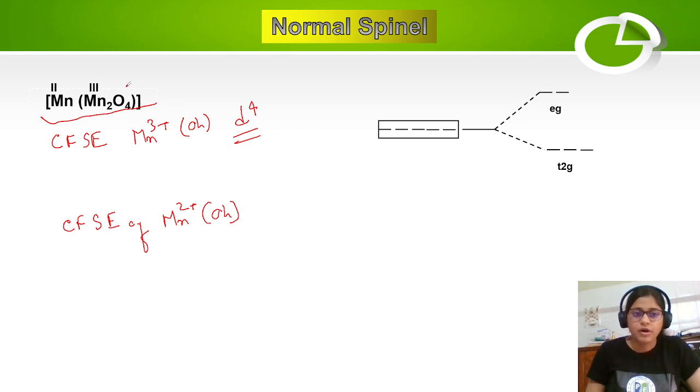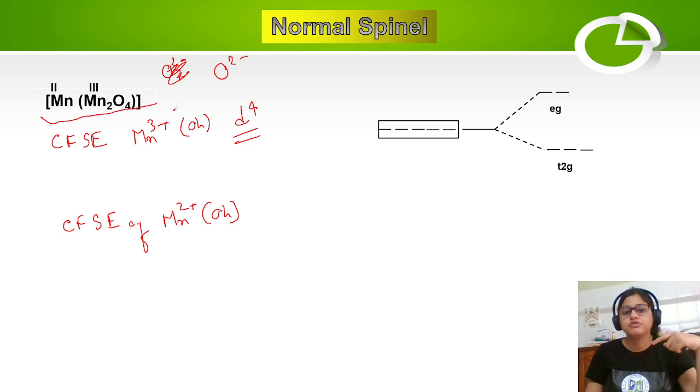O2- is a weak field ligand, so it can't pair up the electrons, so we have to consider the high spin arrangement only. So d4 means 1, 2, 3 and 4.